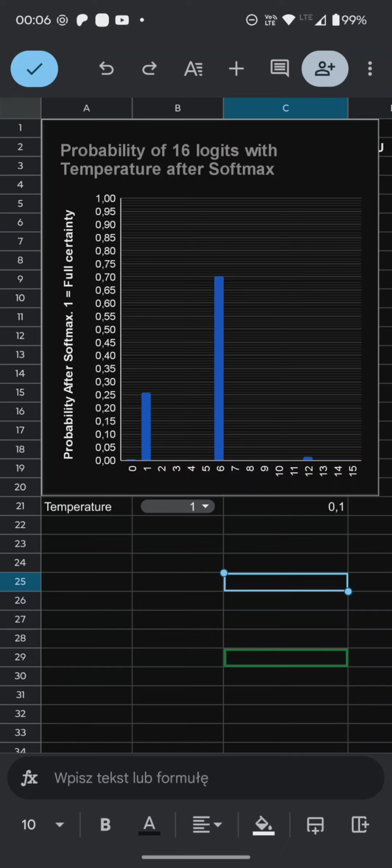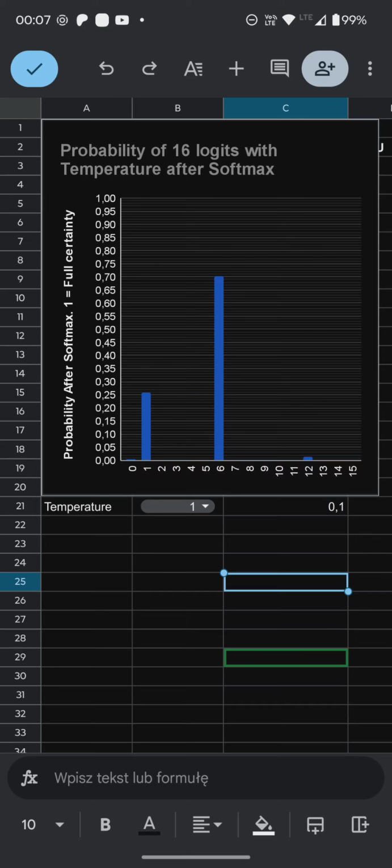This is a probability of 16 logits. I use just 16. It would be more accurate to show hundreds or thousands, but you know. Temperature 1 is how softmax normally works.